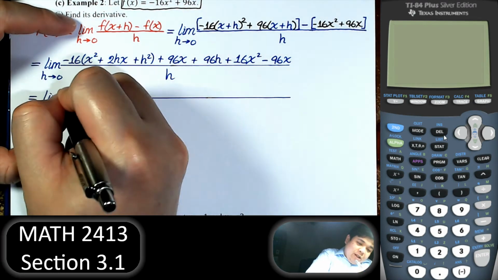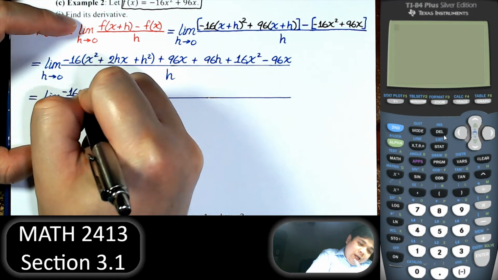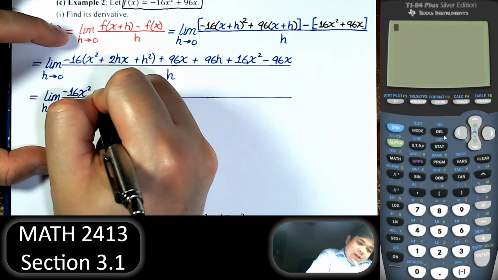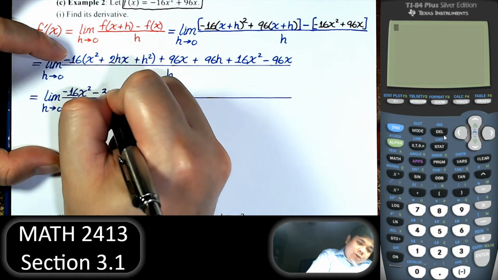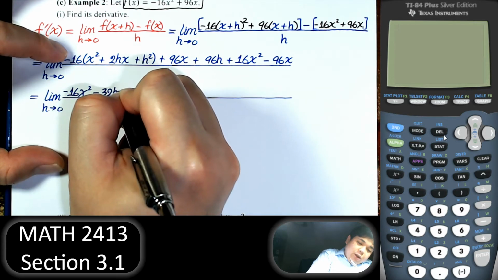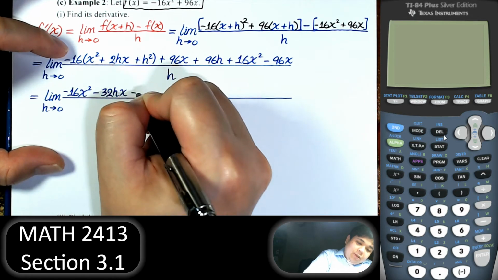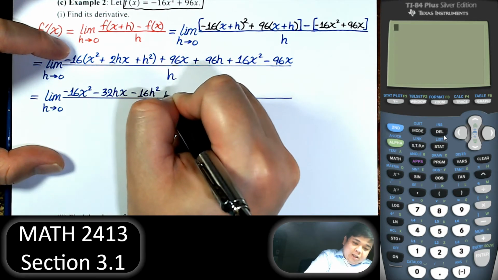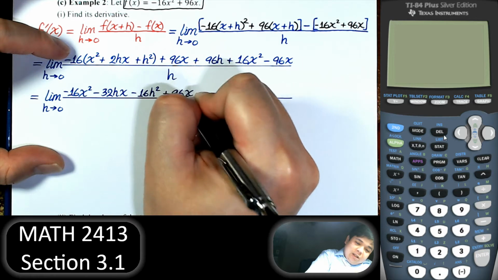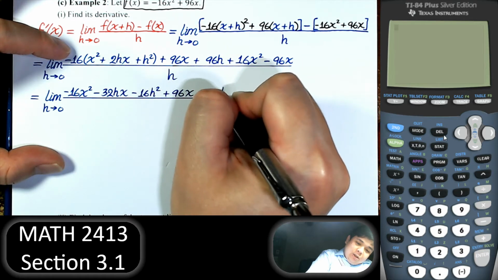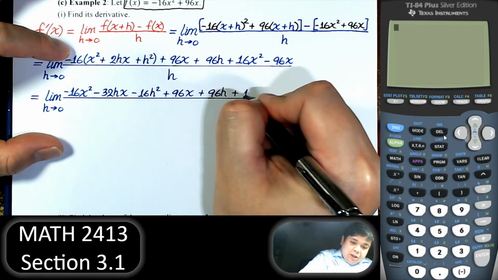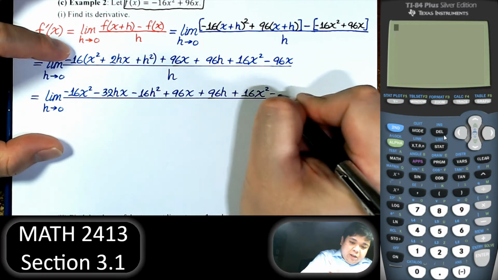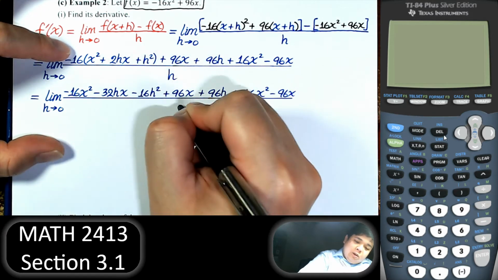So negative 16x squared, negative 32hx, negative 16h squared, plus 96x, plus 96h, plus 16x squared, minus 96x, all over h.